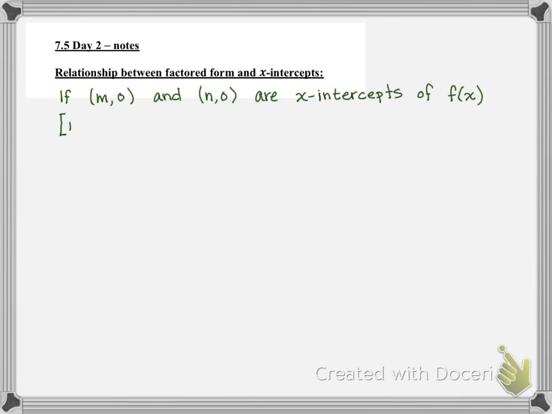Another way of saying that is that the solutions to f of x equals 0 are x equals m and x equals n.